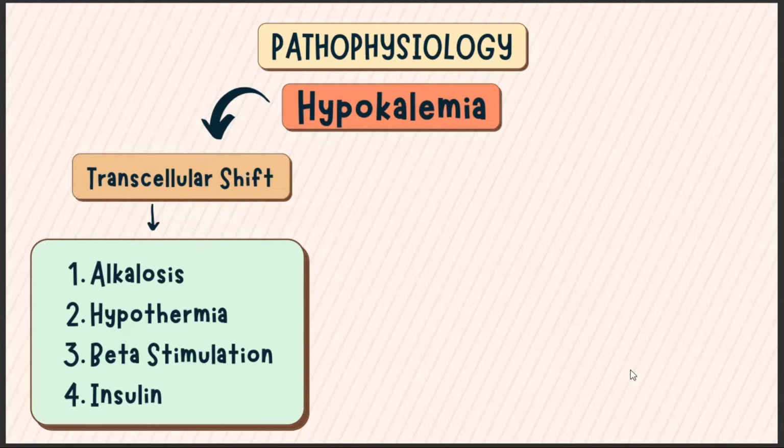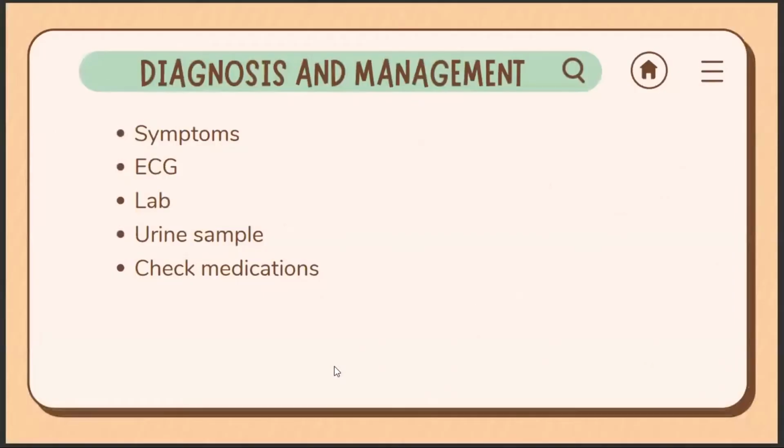The third cause is stimulation of beta receptors, so it should be on your mind when your patient is nebulizing with salbutamol. And next, we have insulin, the last cause of a transcellular shift. We all know that insulin brings potassium inside the cell. So, moving on to diagnosis and management.